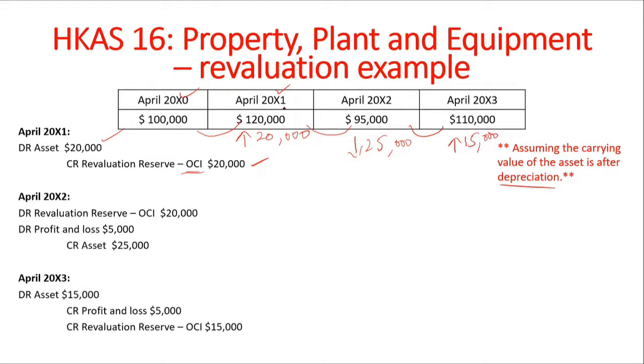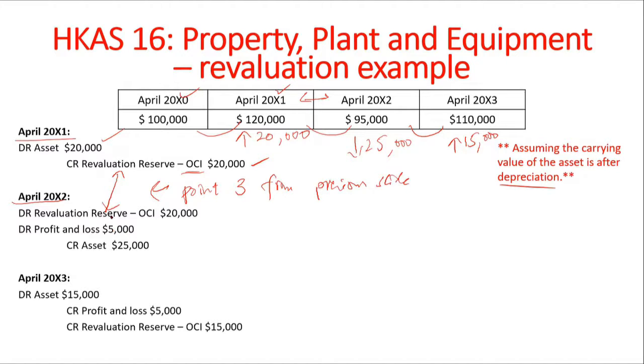From April 2001 to April 2002, the asset value went down by 25,000. So what would be the entry on April 2002? First of all, we will reduce the previous positive balance. So if you remember, this was point 3 from the previous slide.